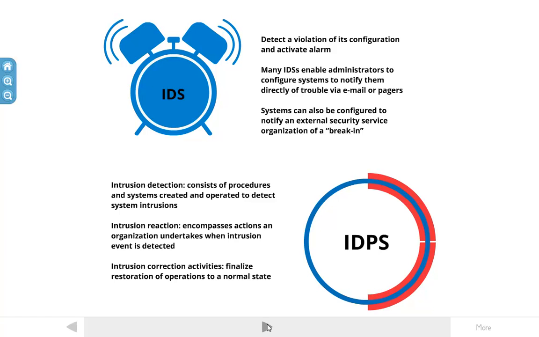So once an IDS detects that something is wrong, it can send an email, it can send a page. It's very important that the method that you are using to send an alarm is well thought through. Okay? Think about it.